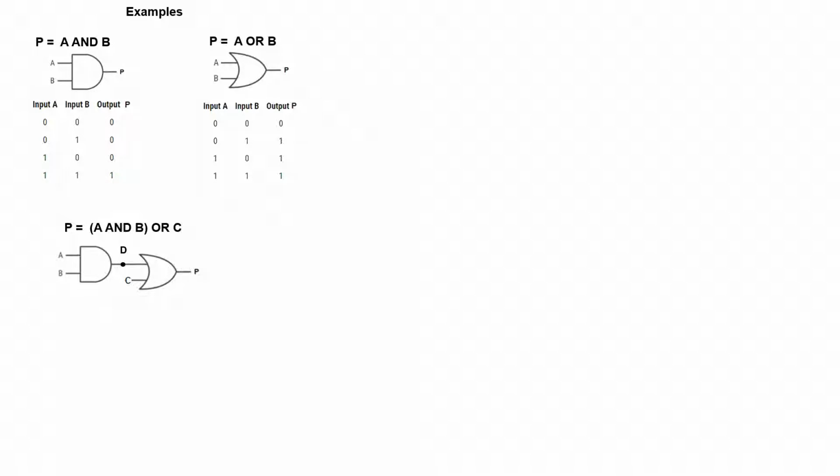Since the circuit has three inputs, the truth table will have 8 rows. D is equal to A and B. If you note only columns A and B, you can easily fill out the D column in the table. You just put 1 everywhere that A and B are both 1, and 0 everywhere else.